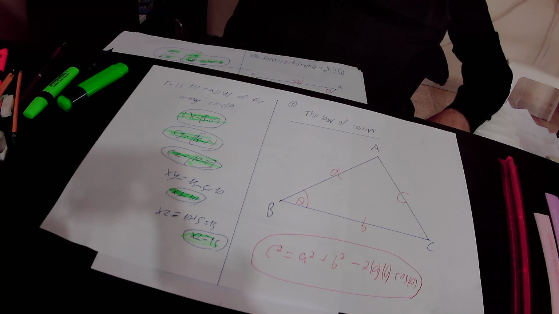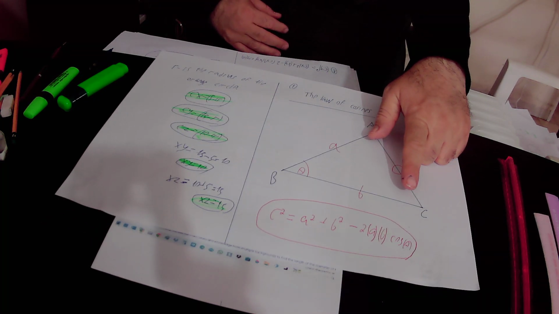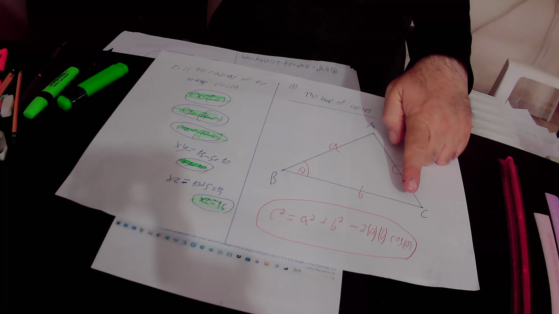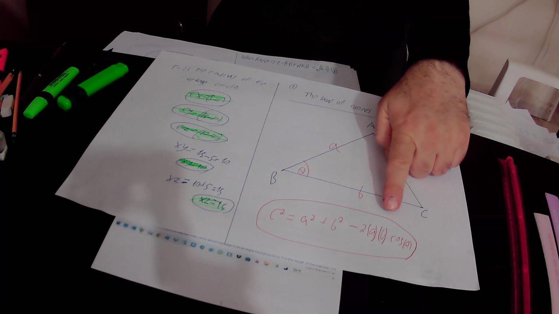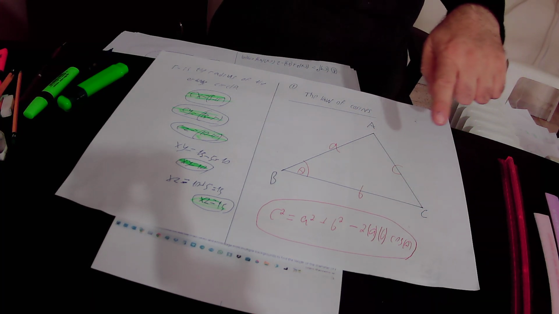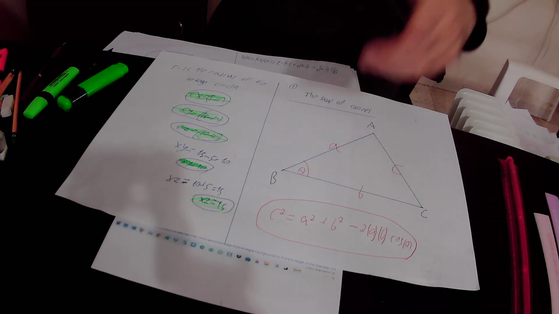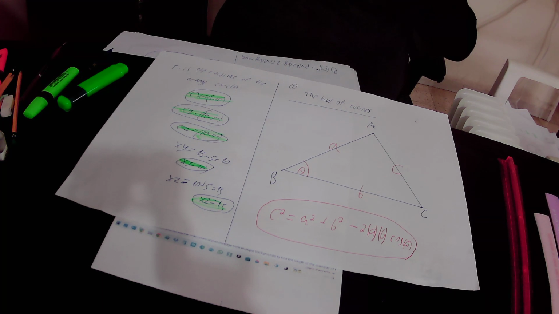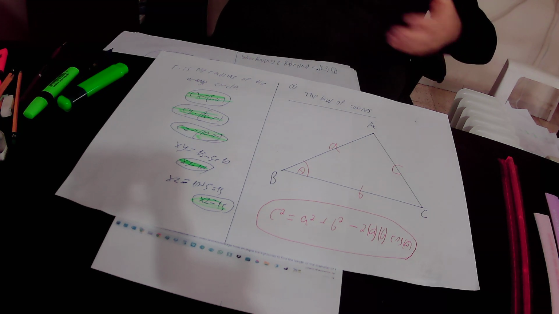and so theta equals to 90 degrees, therefore cosine theta is equal to 0. 0 times anything is 0. So this expression 2ab cosine theta will be equal to 0. And we are left only with c squared equals to a squared plus b squared. That is actually the Pythagoras theorem that says that the square of the hypotenuse equals to the sum of the squares of the perpendiculars.